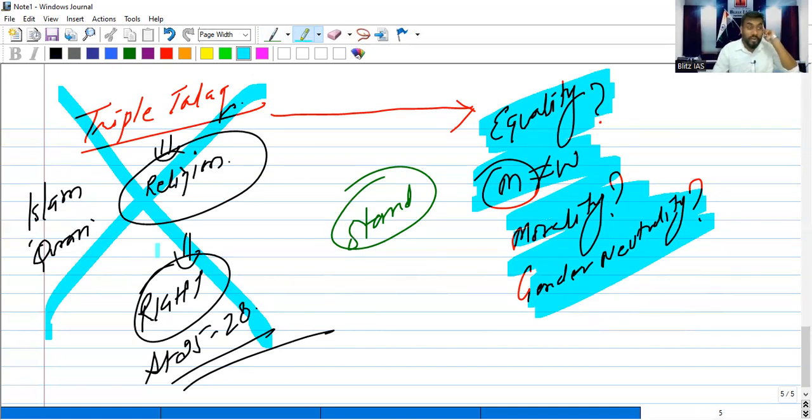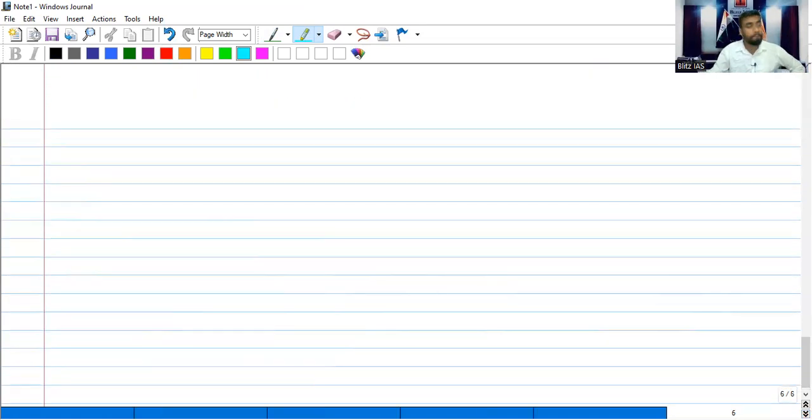Or you say that according to the Indian Constitution, Articles 25 to 28, freedom of religion is a personal affair, so we cannot alter the triple talaq mechanism which is given in that particular religion. This stand is right. What is your stand? If there are such questions in your main examination, even in your PT examination, you have to take this stand, which is what I'm telling.